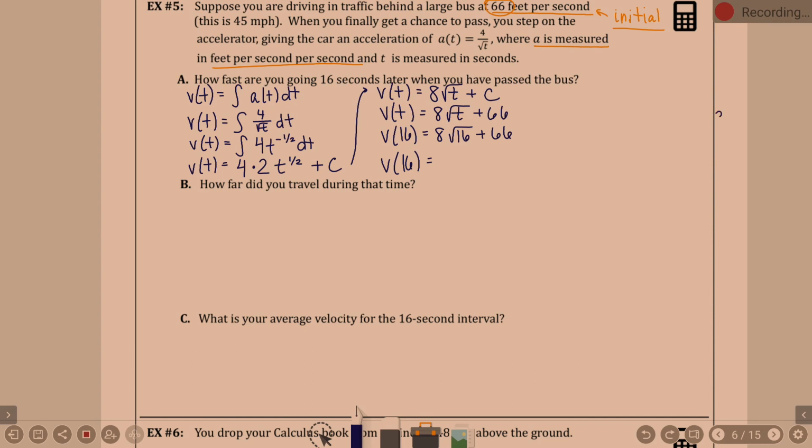Square root of 16 is 4, times 8 is 32. 32 plus 66, well, my scratch work off the side says 98. I don't know why I'm in such a scratch work mood today, but meters per second.